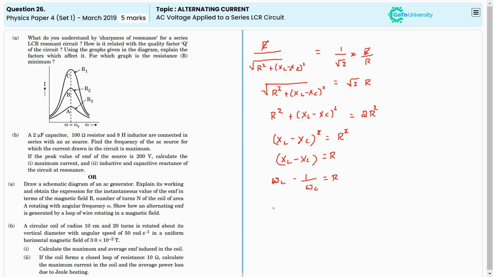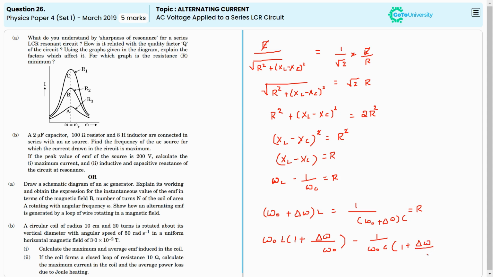Then we can write this as omega naught plus delta omega times L minus 1 by omega naught plus delta omega times C is equal to R. Then omega naught L times 1 plus delta omega divided by omega naught, minus 1 by omega naught C times 1 plus delta omega divided by omega naught.